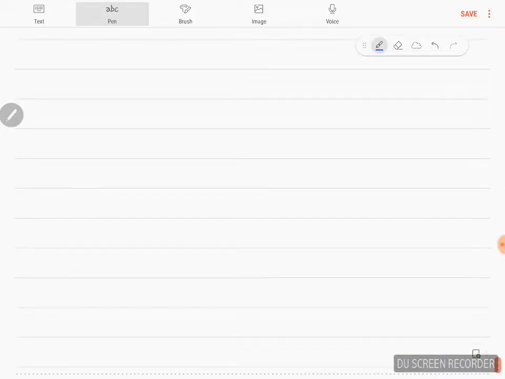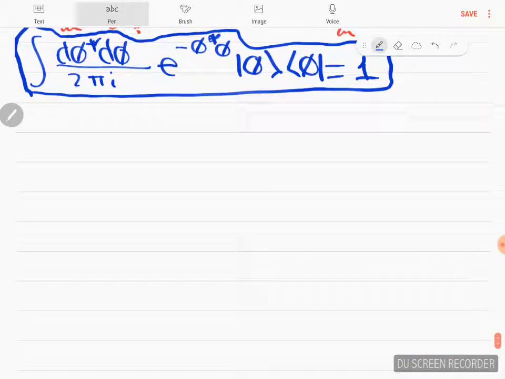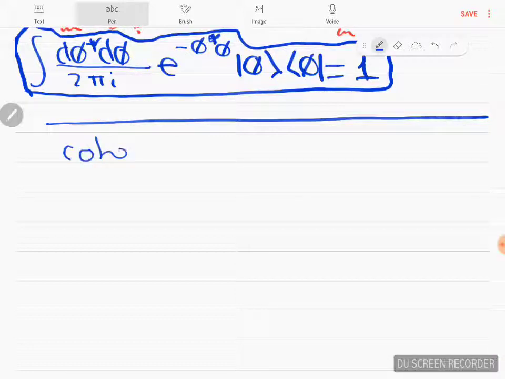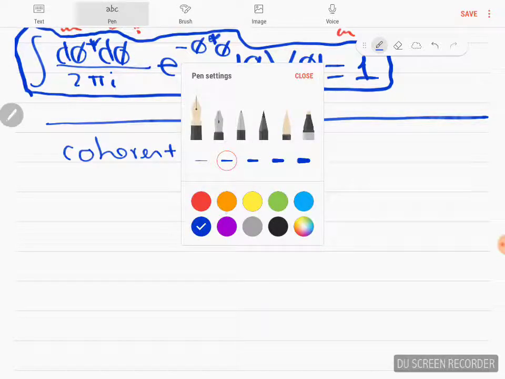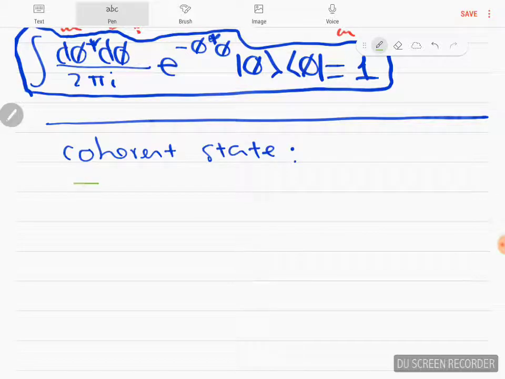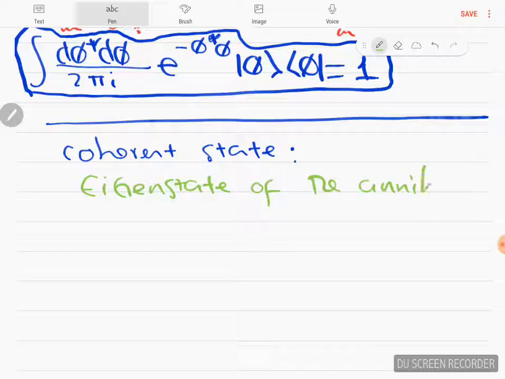So that's one thing. The other thing is this. Let's recall a couple of things. Coherent state. It's a coherent state, an eigenstate of what? Eigenstate of the annihilation operator.